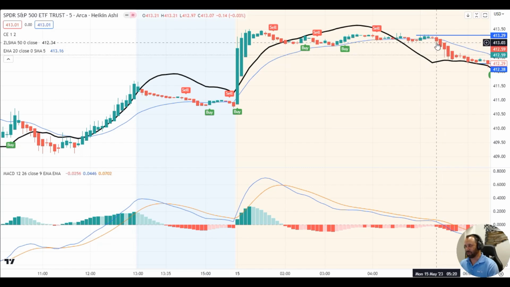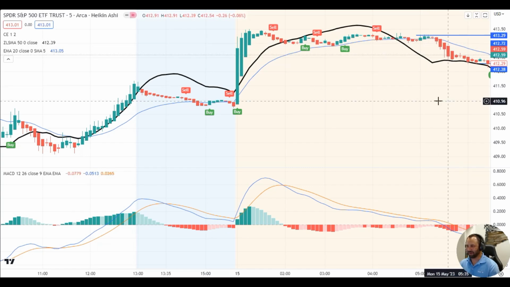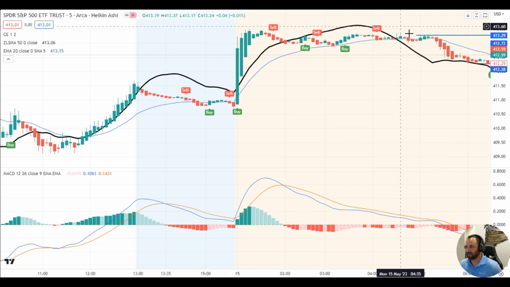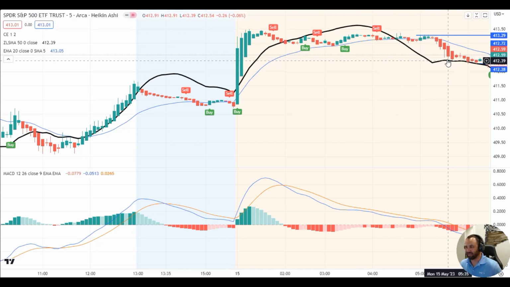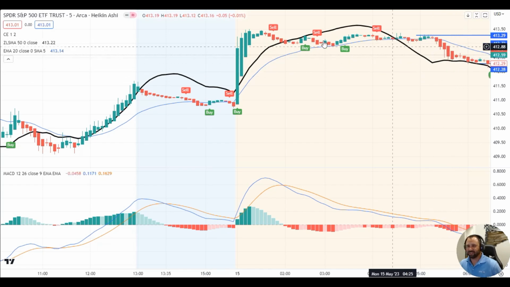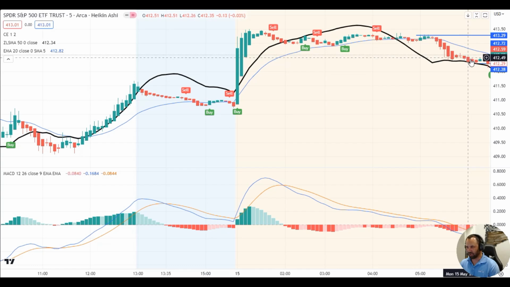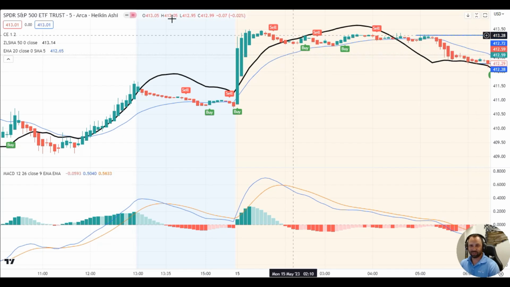But then we get these bearish candlesticks coming down, very bearish movement, coming down to touch the 50 moving average that I have plotted out. So coming into the market open, I already knew we had a bearish momentum, this bearish trend coming in. So chances are the market was going to continue to go down when it opens.